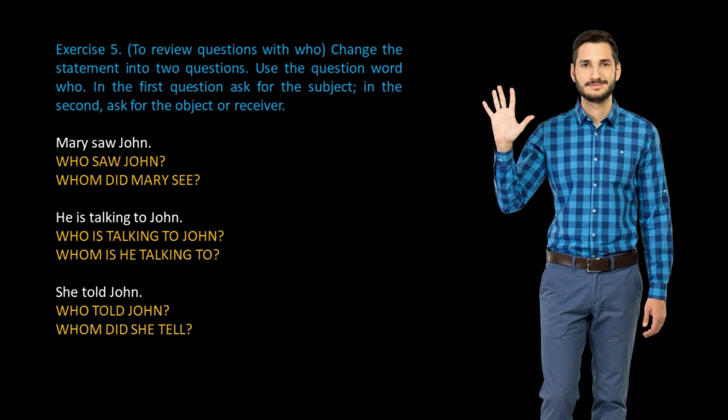He is talking to John. Who is talking to John? Whom is he talking to? She told John. Who told John? Whom did she tell? Now, please do the following exercise. You can pause your video until you finish the exercise.